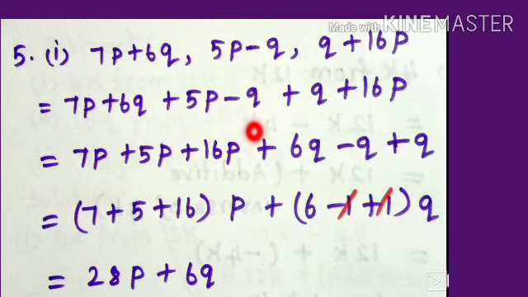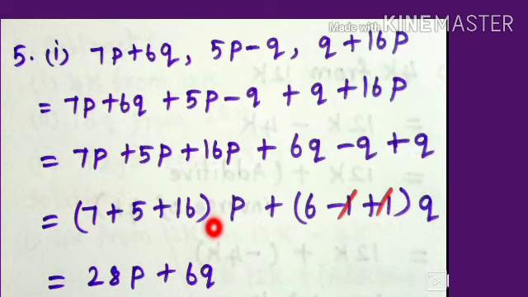Next, let us arrange like terms separately in an algebraic expression. Now, we get 7p plus 5p plus 16p plus 6q minus q plus q.